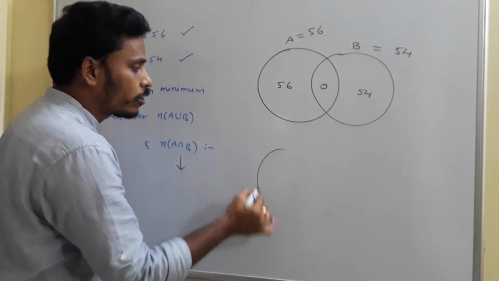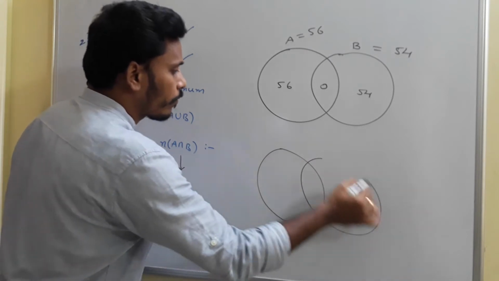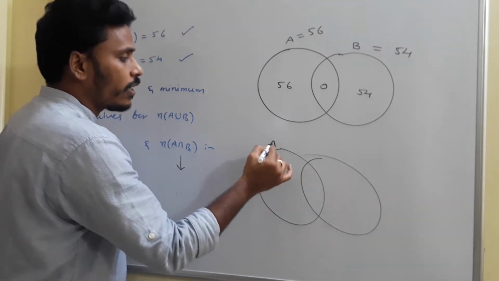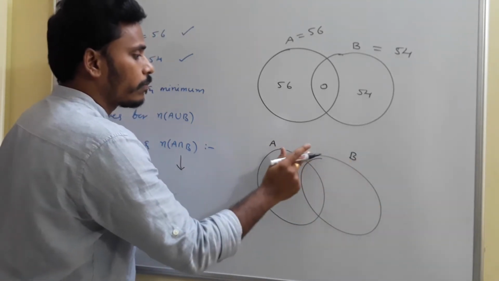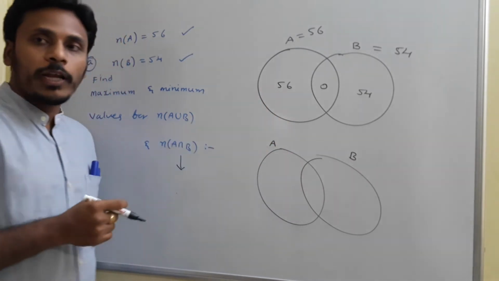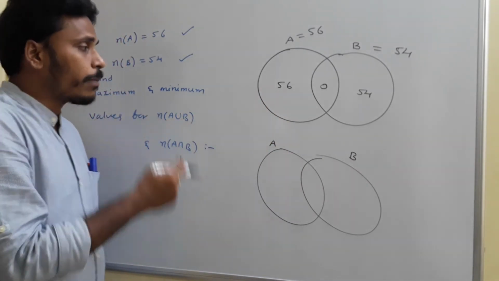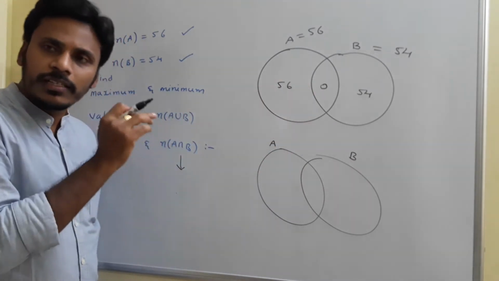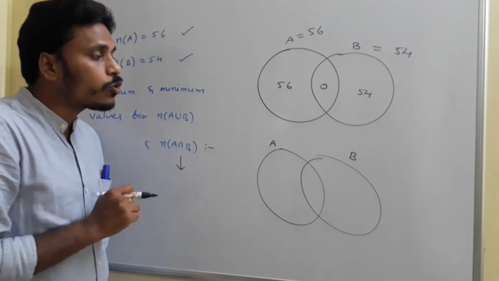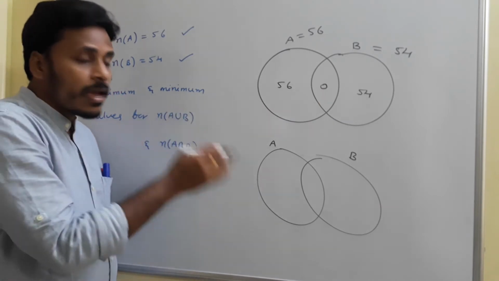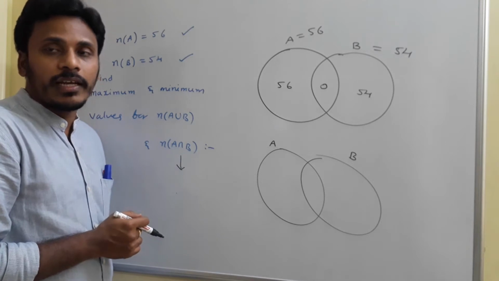Whereas another possibility is, look there, this is for set A, this is for set B. The minimum possible value for A intersection B, as I mentioned, is 0. That is the minimum possibility. Then what about the maximum possibility for A intersection B?